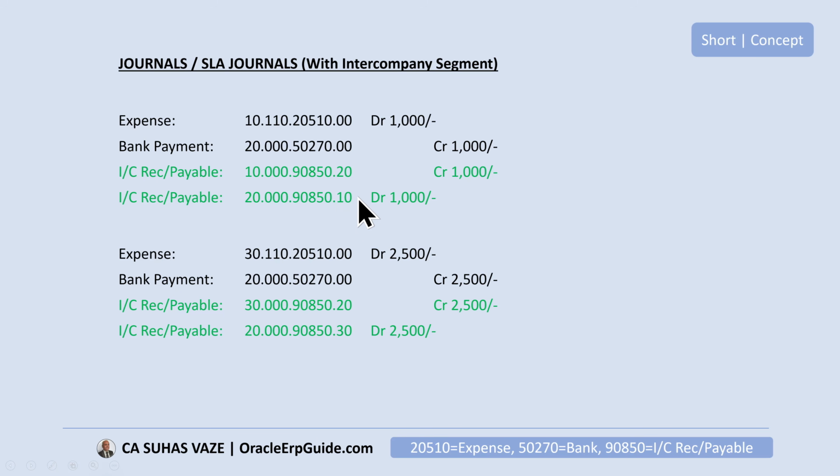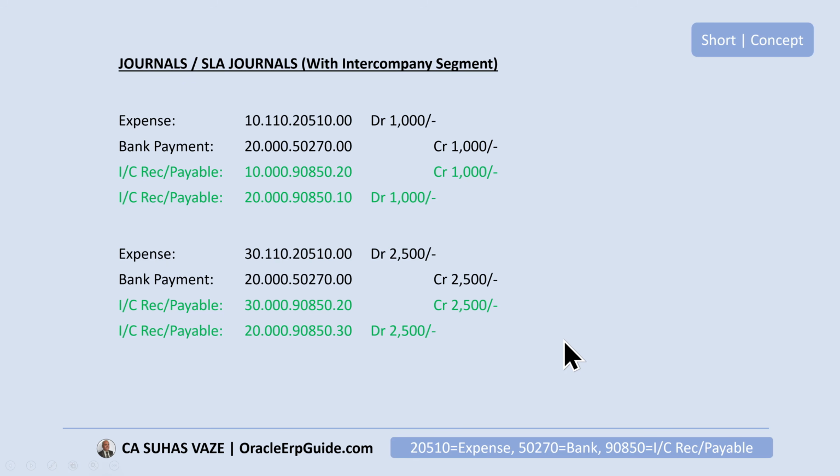So at the end of the month or when the account balance was calculated, this information was missing, so that breakup could not be done at the time of finding the account balances. Similarly, company 10 is also recording a payable, that is 1,000, to company 20. Here also company 30 is recording a payable to 20 and company 20 is recording an intercompany receivable from 30.